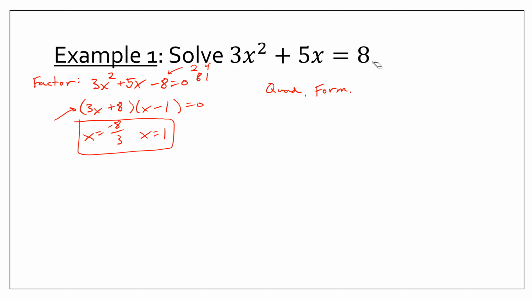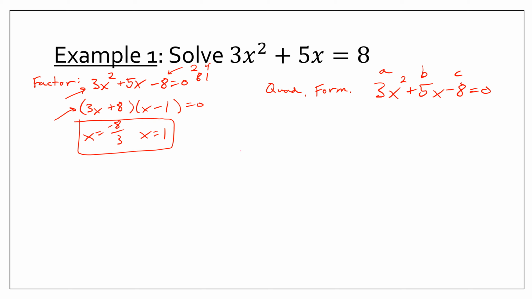So here's your introduction. First of all, just like when I factor, I need to have it in standard form with a 0. So I'm still going to move that 8 to the other side. Now I have equals 0. If I don't have equals 0, no quadratic formula. So you need to get the equals 0. Okay, now I need to figure out what a, b, and c are, and I need to plug those into the formula.